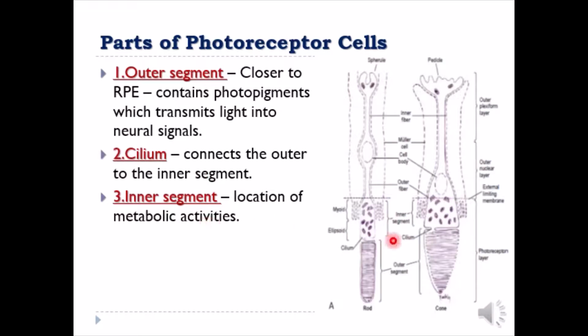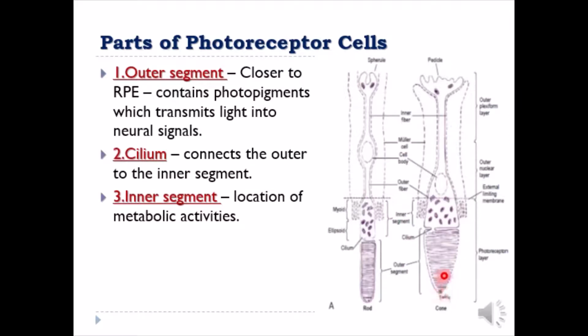and that is the location of metabolic activities. Photoreceptor cells are where light energy is converted into neural signals, so you need a lot of energy for that processing.